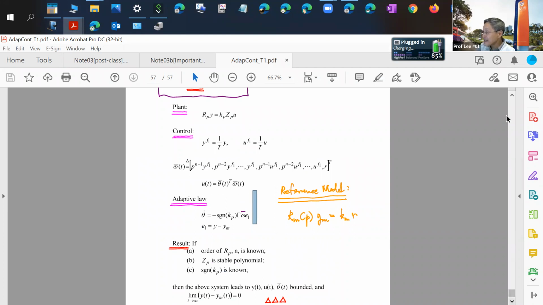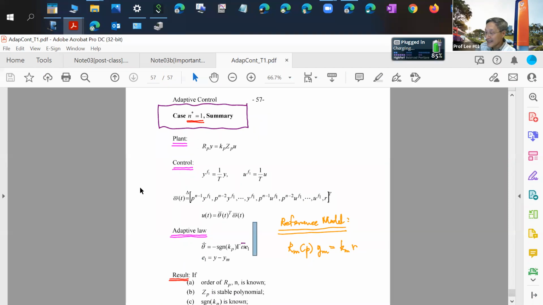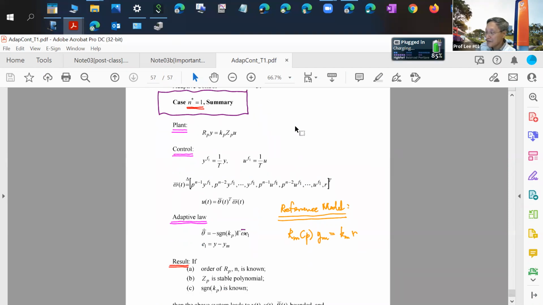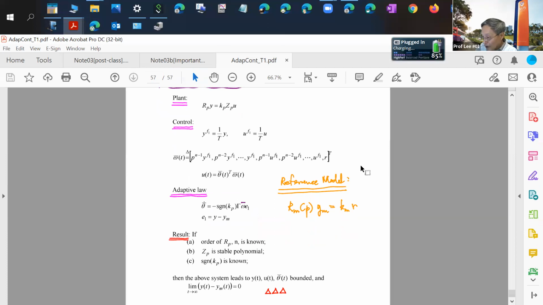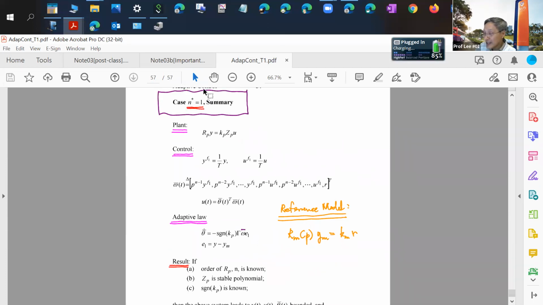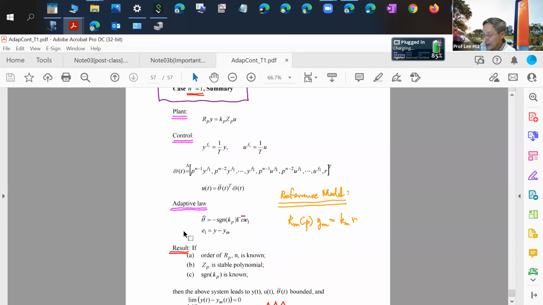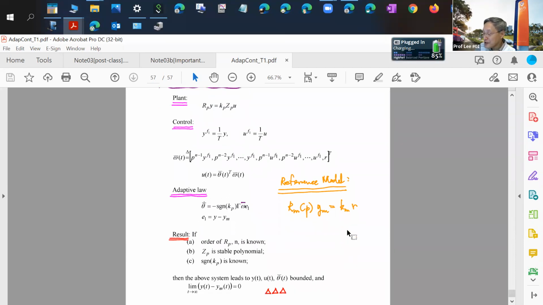that in this summary, the plant, you set it up in this way for the case with relative degree n star equals 1. If you now do the adaptation in this way, I've shown you the full development, convergence, and stability analysis using the Kalman-Yakubovich lemma. As I warned you, it was going to be very messy, so I've tried to keep it quite direct.